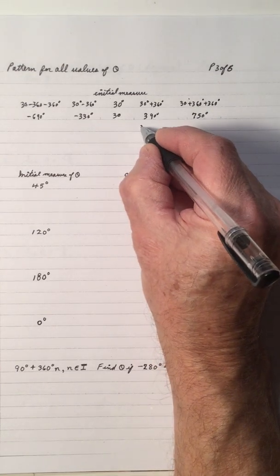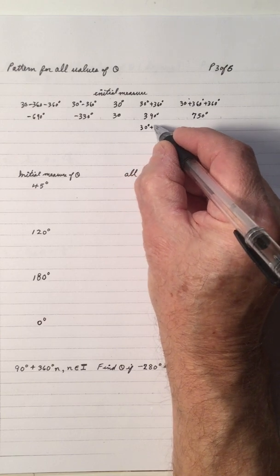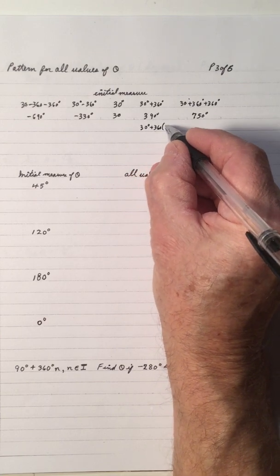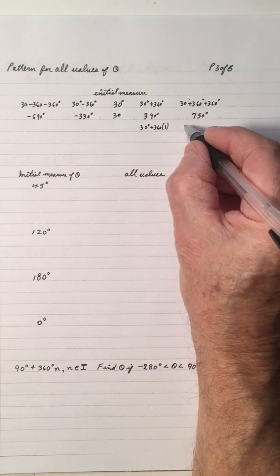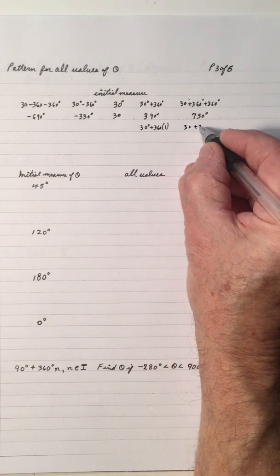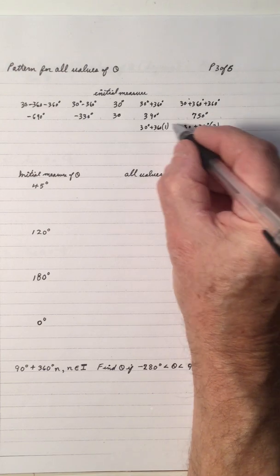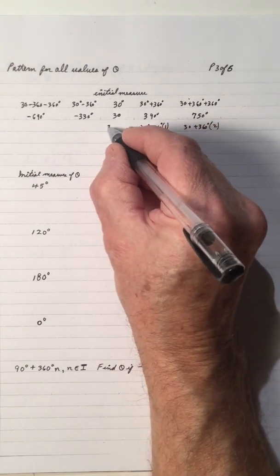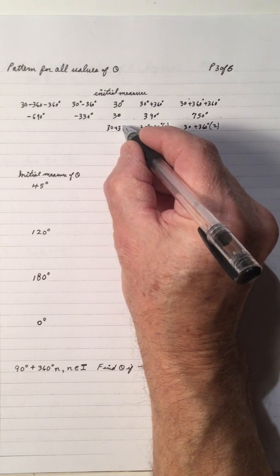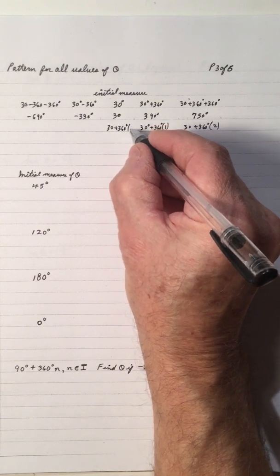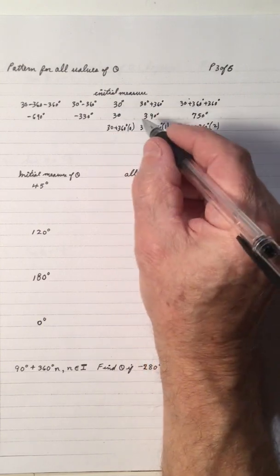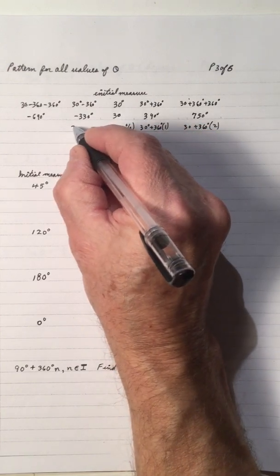Notice this is 30 plus 360 once. And this one is 30 plus 360 twice, 1, 2. And this is 30 plus 360 no times, because it's the initial.